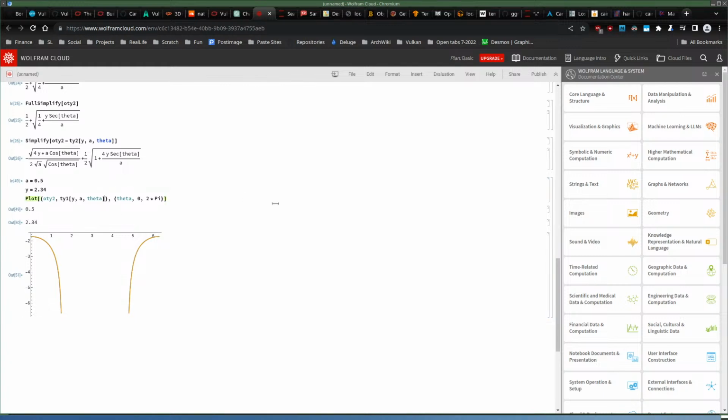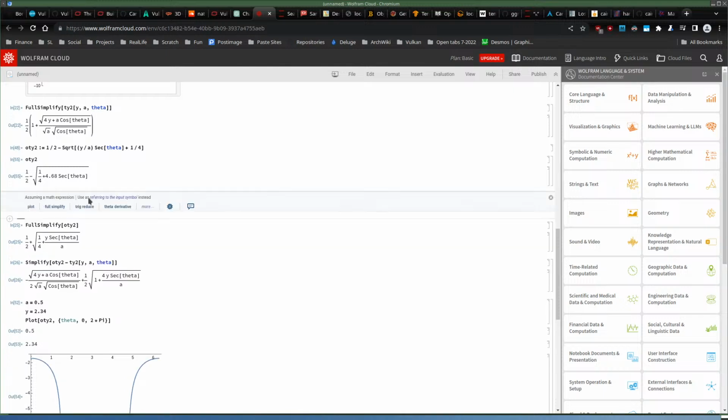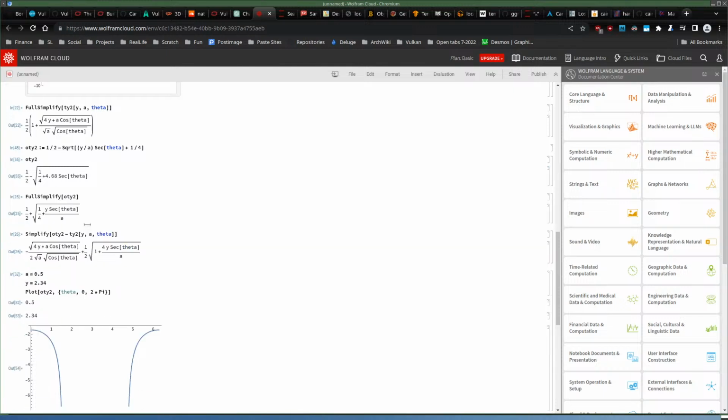I guess that's on top of each other, right? Blue. Yep. Why is that always negative? Oh, shit.